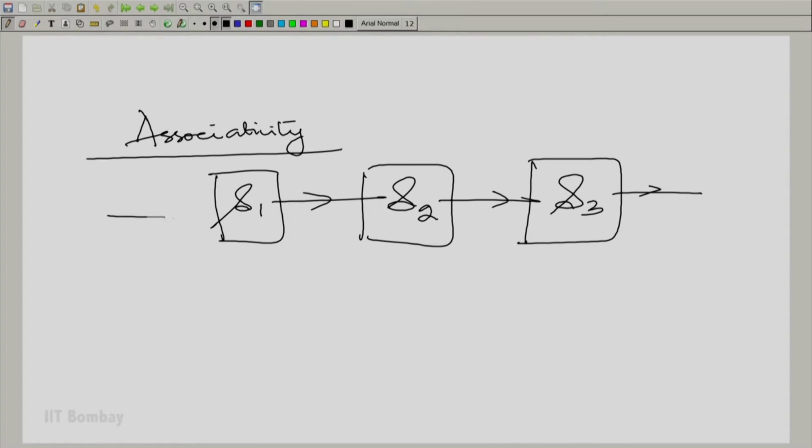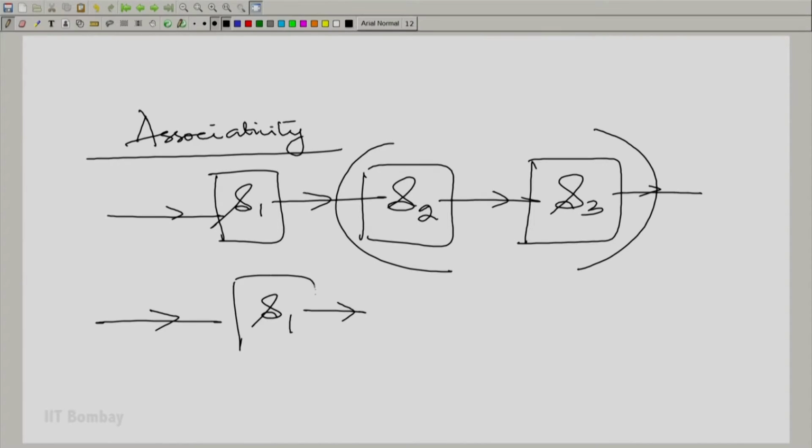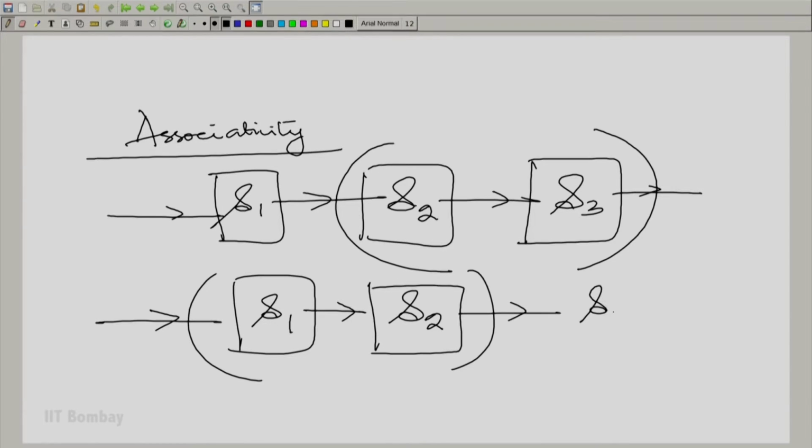Now I could either associate these two systems together and then let them operate on the output of S1, or I could associate S1 and S2 together and let them operate on S3, that is, let the output of these be fed into S3.